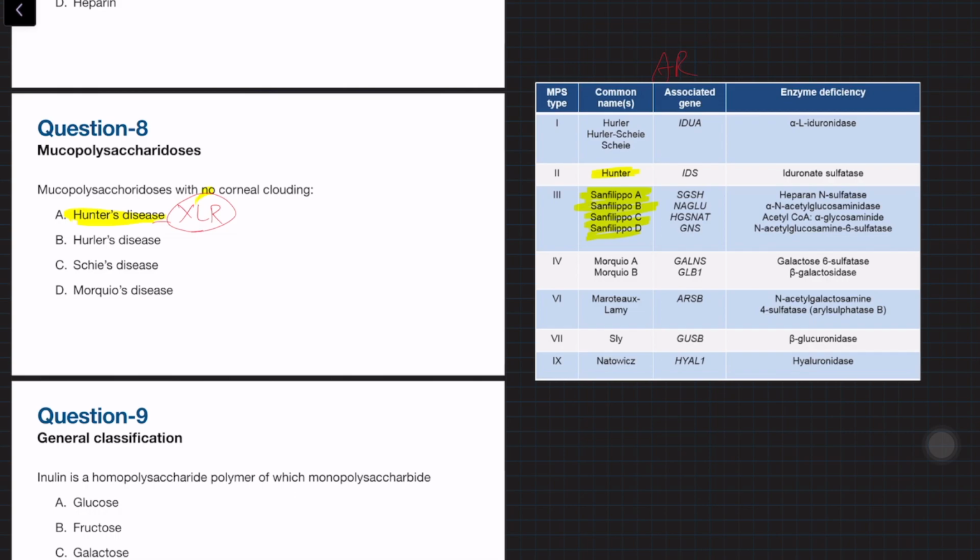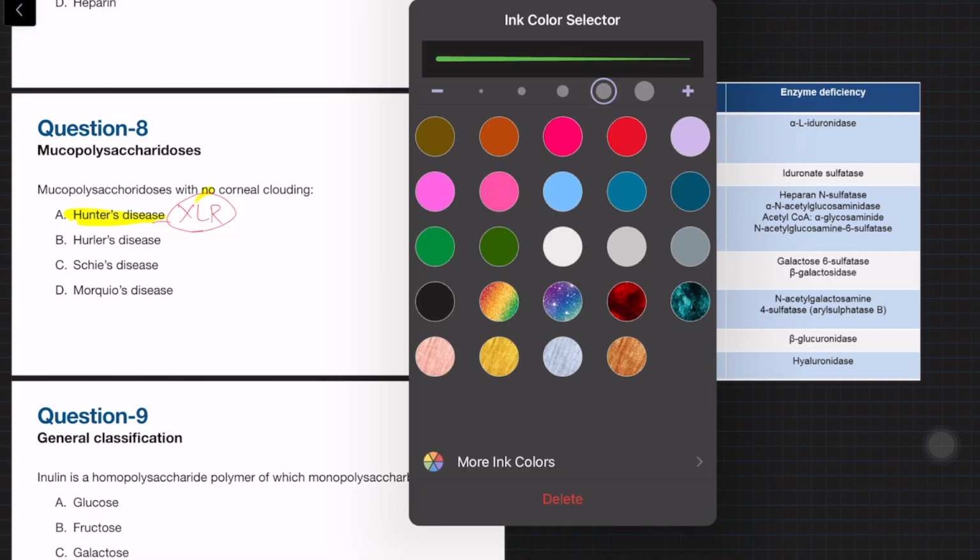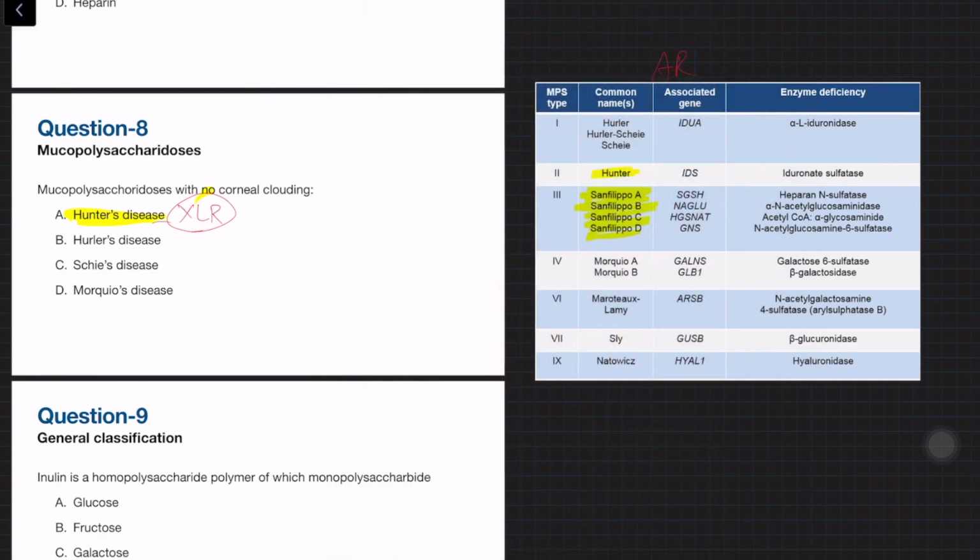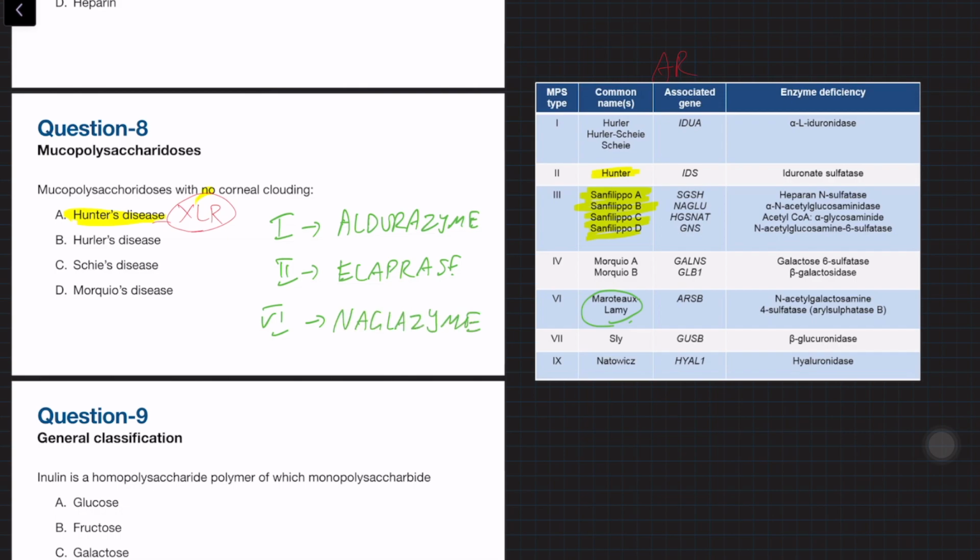And there are some important treatments which they have highlighted in mucopolysaccharidosis, such as for type 1, which is Hurler, the treatment is laronidase, and then for type 2, which is Hunter, the treatment is Elaprase. Then for Maroteaux-Lamy, which is type 6, it is Naglazyme. The treatment is important because it is novel. Usually in FMG exams, novel stuff comes. So just try to remember this stuff.